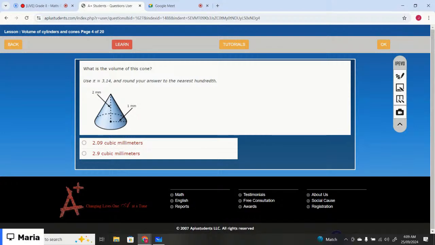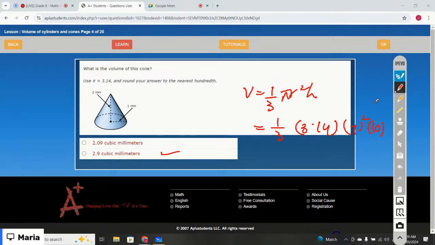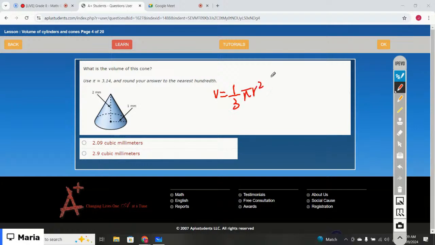What is the volume of the cone? So which is the correct option? You have to use the same formula, that is V equals 1 by 3 pi r square h. So just use the formula, put up the values and do the calculations. That is 1 by 3, 3.14, r is 1 and h is 2.